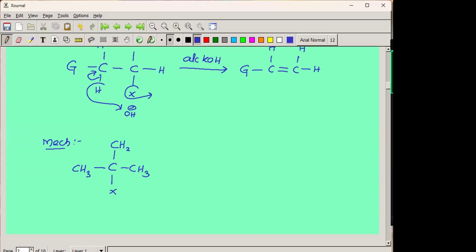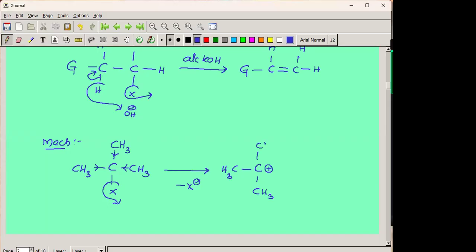So this molecule is a tertiary alkyl halide. In this tertiary alkyl halide, these groups are electron donating groups. The methyl groups donate electrons. So that's why this is eliminated as X minus easily. By that, we get a carbocation. This carbocation is a tertiary carbocation.